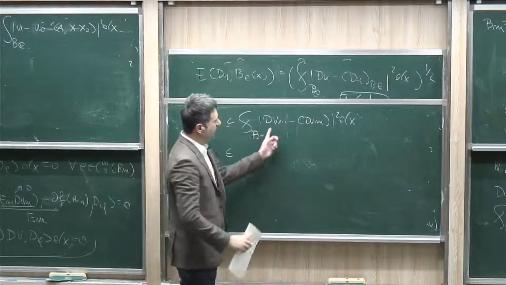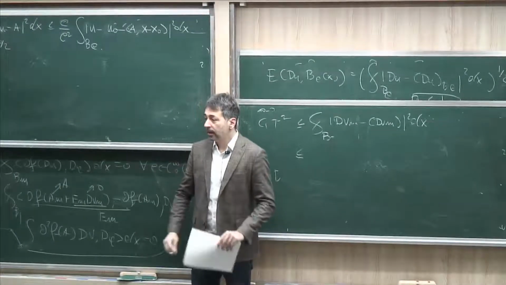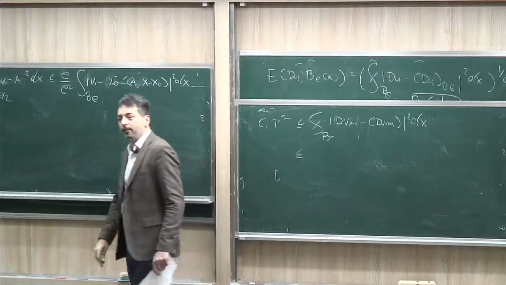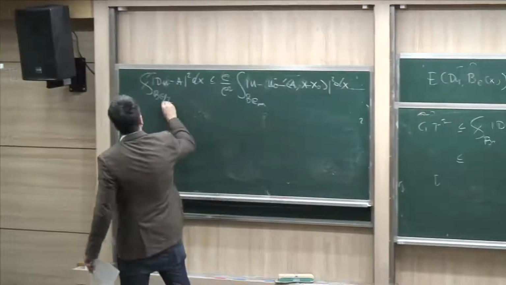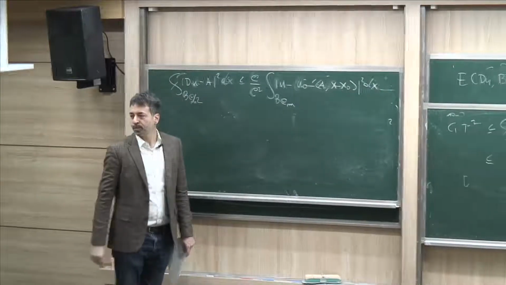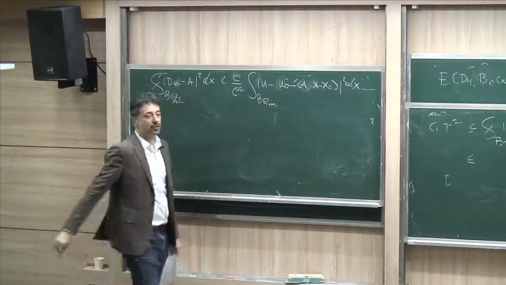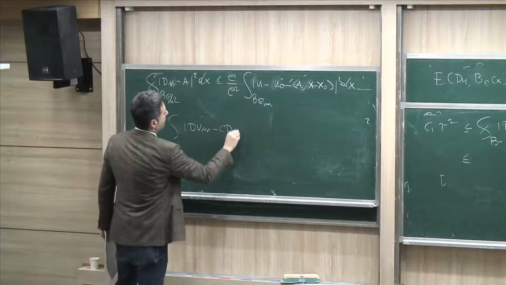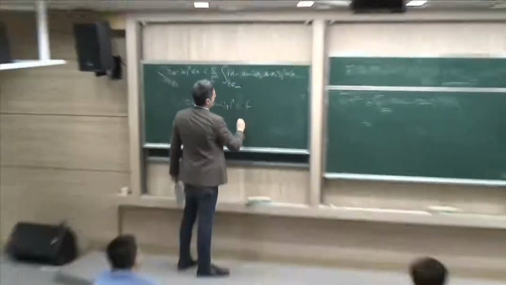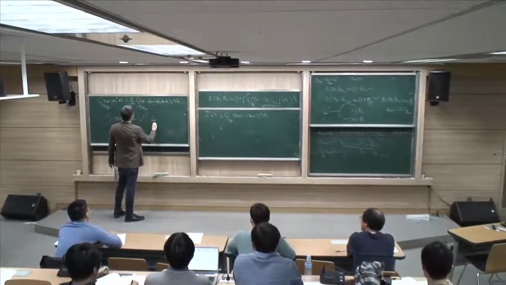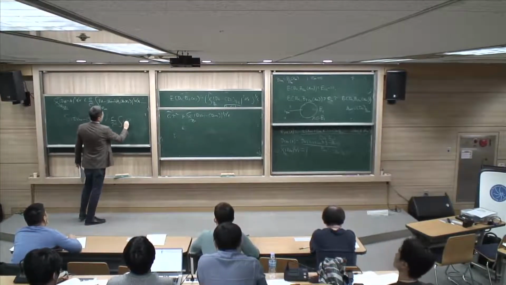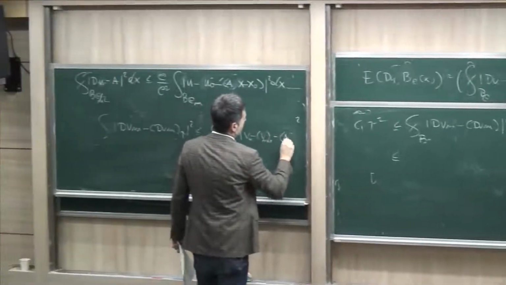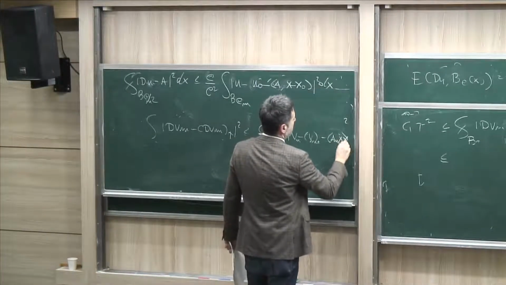Let me apply the second type of Caccioppoli inequality. Vm is the scaling on B rho m of this guy. So if I choose here the average of dVm and I rescale back, I'll get that dVm minus dVm tau squared is less than or equal than 1 over tau squared dm minus bm minus, let's say, the average is a of m over x minus xm.